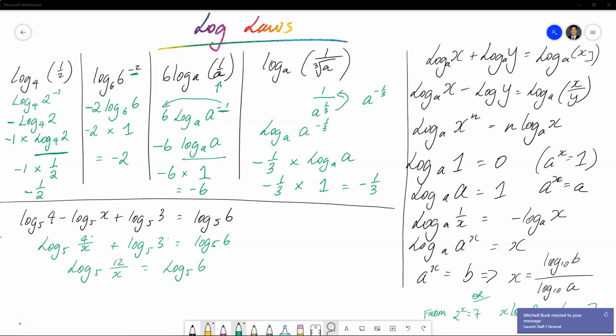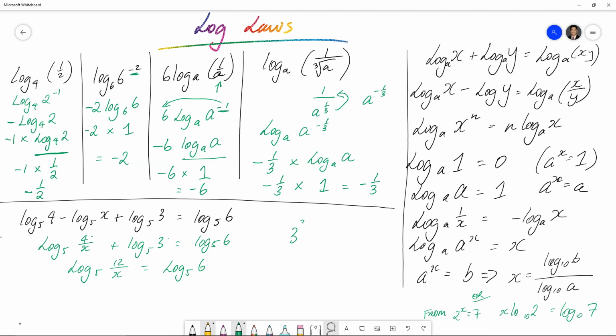Now, just a really quick side step. If we had something like 3 to the power of x is equal to 27, we can convert 27 to 3 cubed, okay? Because 3 cubed is 27. Now, because the bases are the same, we can ignore them and just say that these two components are equal to each other.